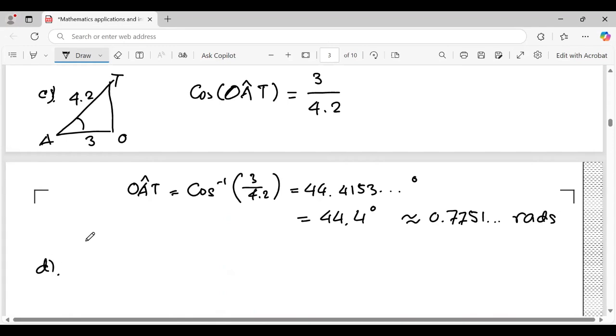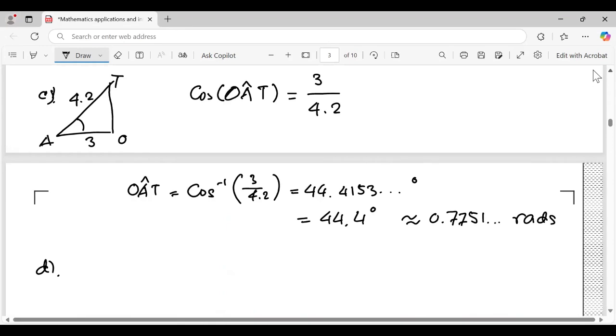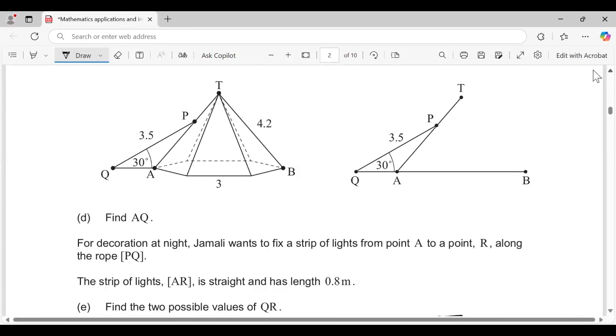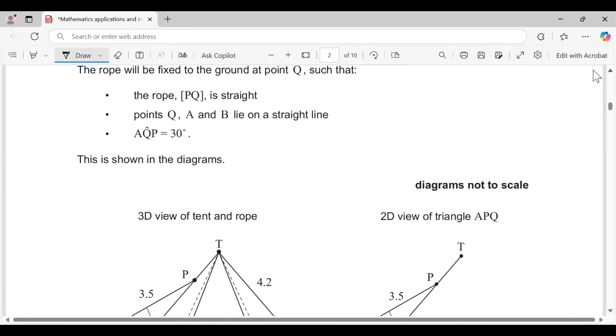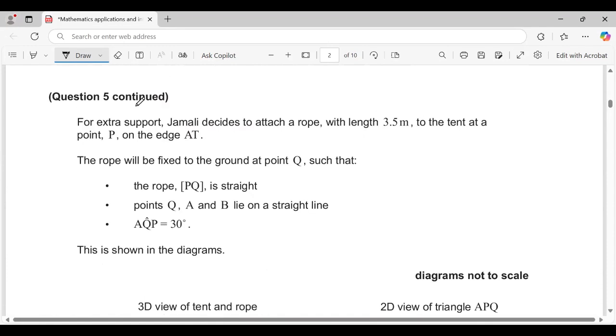Next question, D. For extra support, Jamali decided to attach a rope with length 3.5 meters to the tent at the point P on the edge AT.